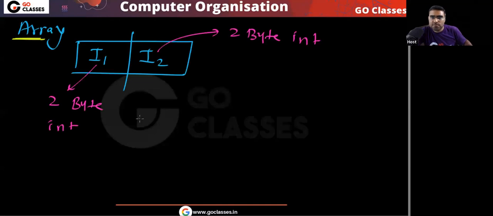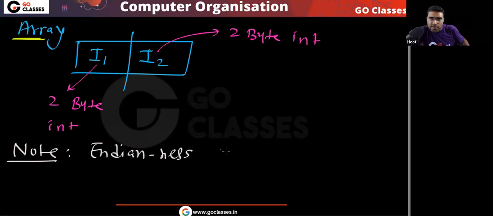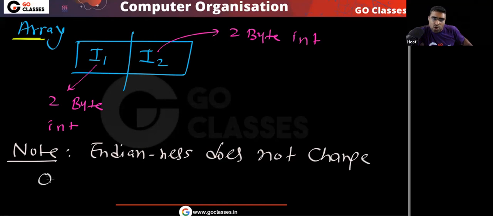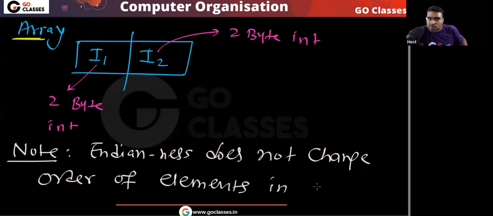Whatever endianness you take, it does not change the order of elements in an array.